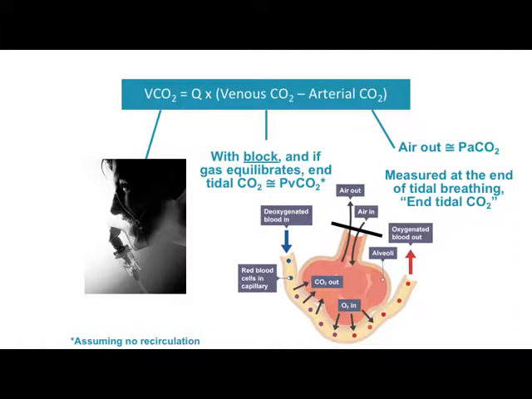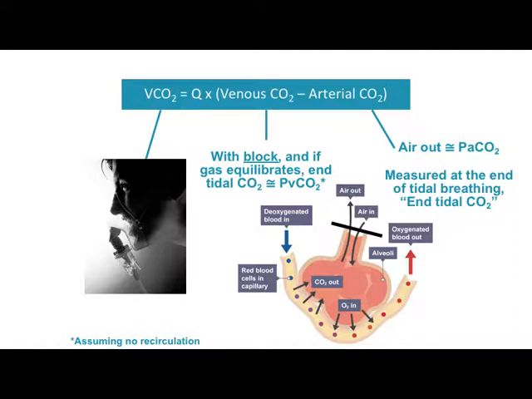So if we can see that equilibrium happen in that lung bag system, then we can calculate venous CO2. That sounds a lot nicer than putting a catheter into my right atrium, personally.